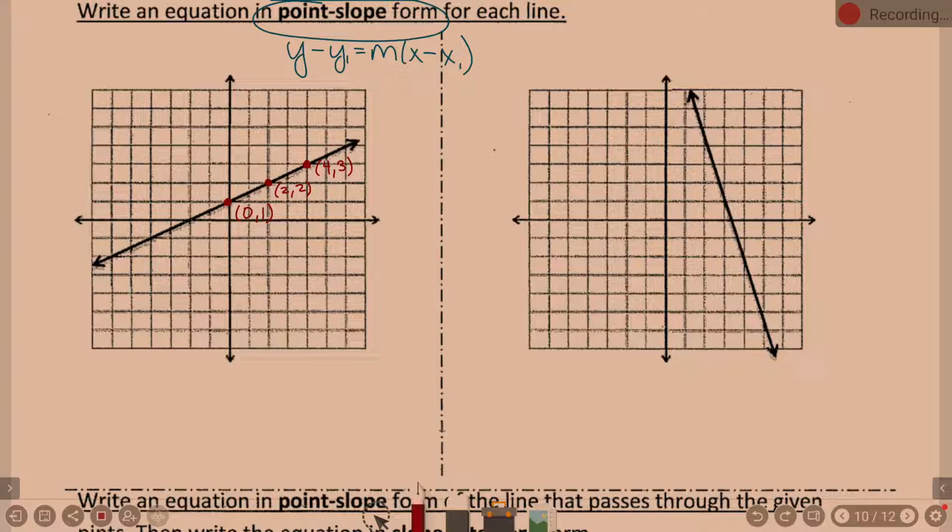Now, I also need a slope. Again, what's my phrase for slope? Rise over run. How far do I rise if we just use these closest 2 points here? You rise 1, we run 2. So what kind of slope do I have?